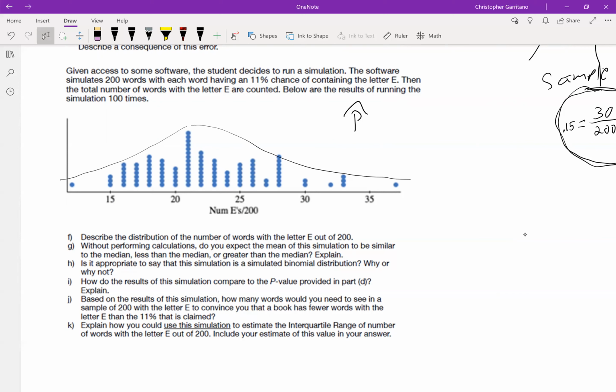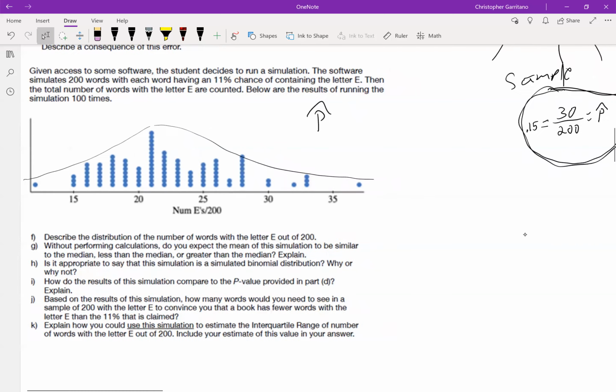All right. Is it appropriate to say that this simulation is simulated as a binomial distribution? Why or why not? So I think besides the fact that we are taking our numbers and dividing by 200, which creates a proportion, I do think that just like anytime we are analyzing sample proportions, we are starting off with a binomial study, and then dividing by the sample size to get a proportion.